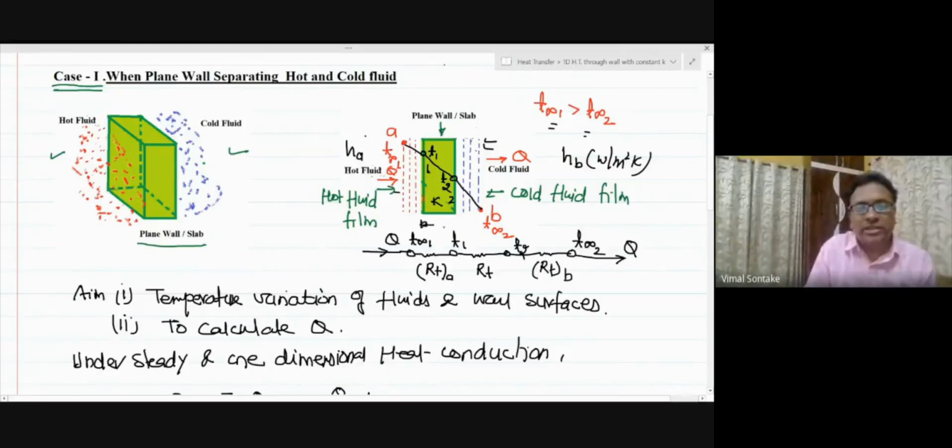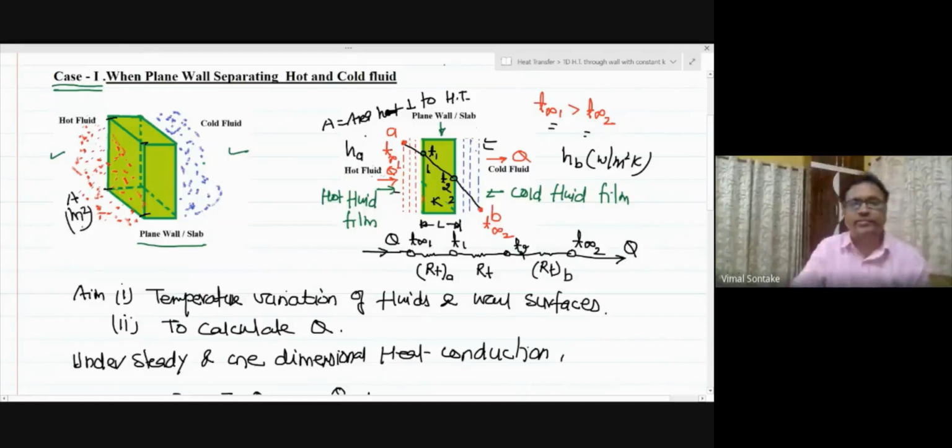Its thickness is L in the path of the heat flow, and the area normal to heat flow is A. I have not shown the area normal to heat transfer. That is, I am talking about this area, in meter square.